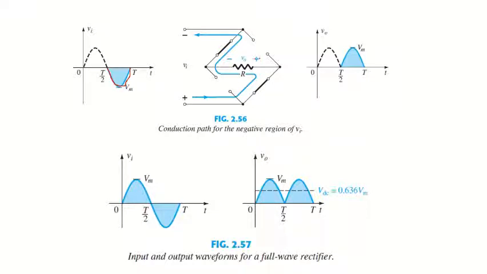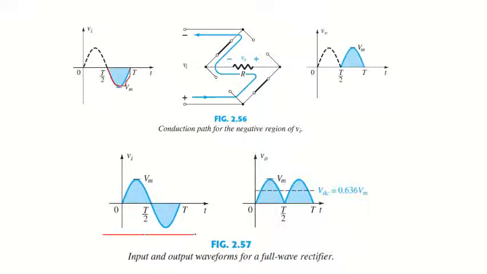Because the signal is positive and negative here, again we are getting the positive here and negative here, so the output will be on the upper side of the axis and having the same magnitude Vm. So for the positive half cycle we are getting the same signal, with the same magnitude as the input signal. So 0 to T by 2 is this lobe, whereas T by 2 to T is this lobe. So we are getting two positive lobes for one complete input sine signal.